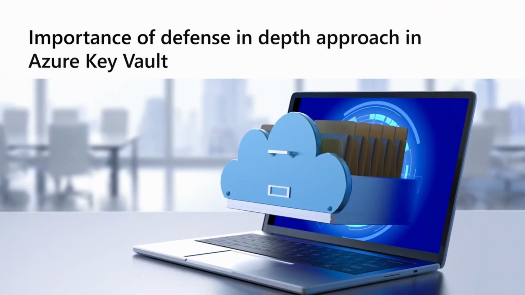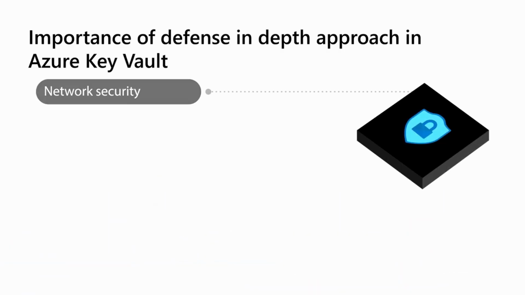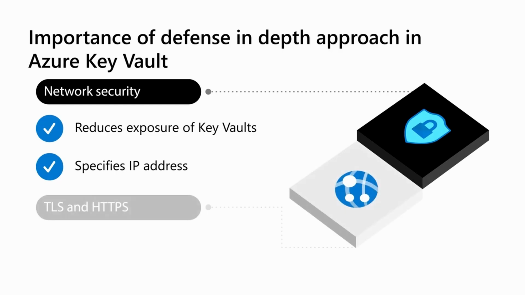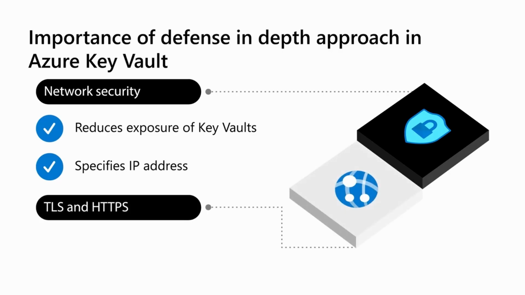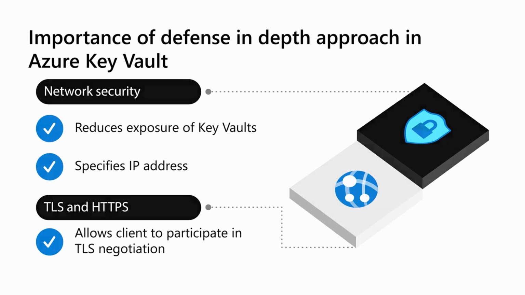Let's understand the importance of the defense-in-depth approach in Azure Key Vault. With network security, you can reduce the exposure of your vaults by specifying the IP address. Another approach is transport layer security, TLS, and hypertext transfer protocol secure, HTTPS, where the HTTPS protocol allows the client to participate in TLS negotiation.